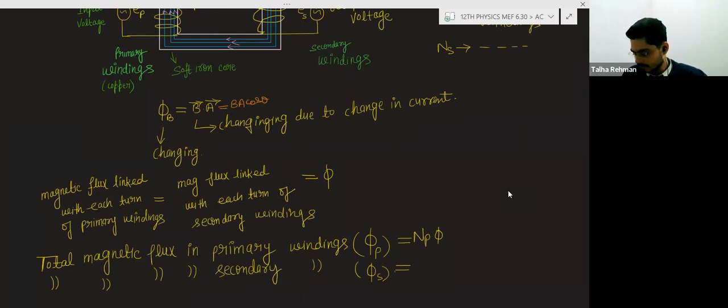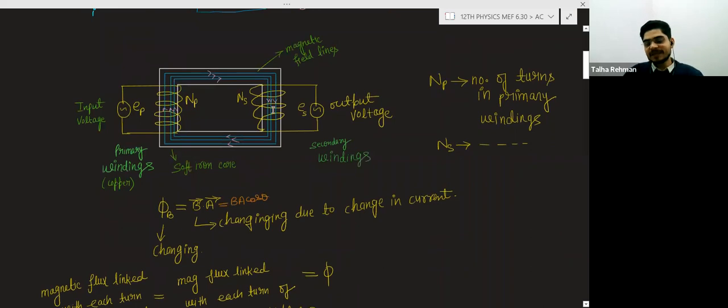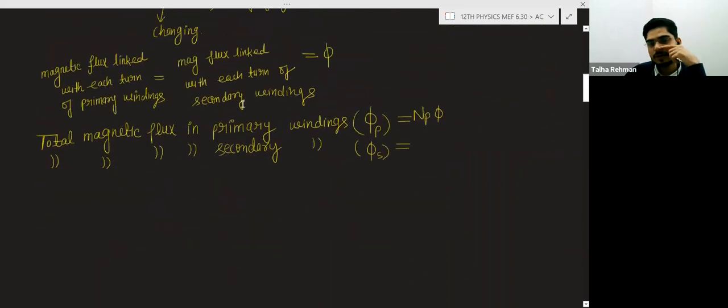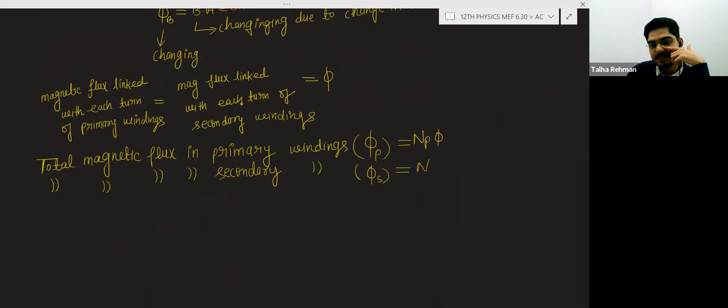It is so simple. Phi is the magnetic flux linked with one turn of the winding, and the number of turns is Ns. So simply you multiply Ns with phi.